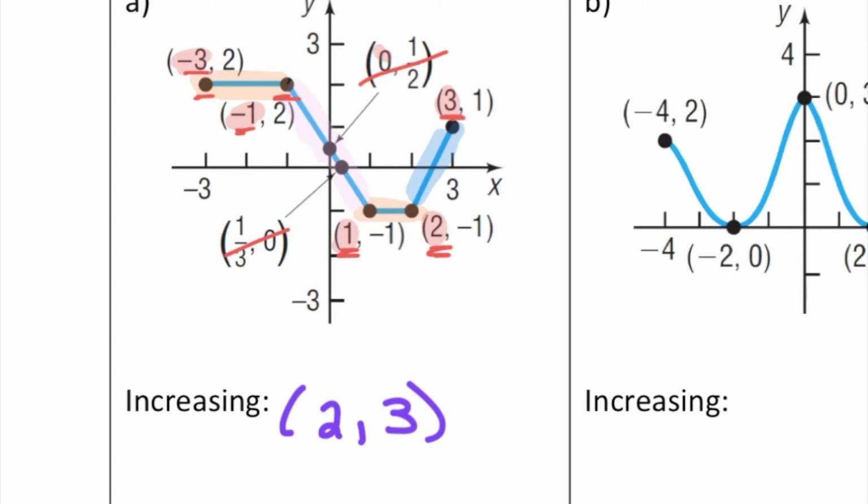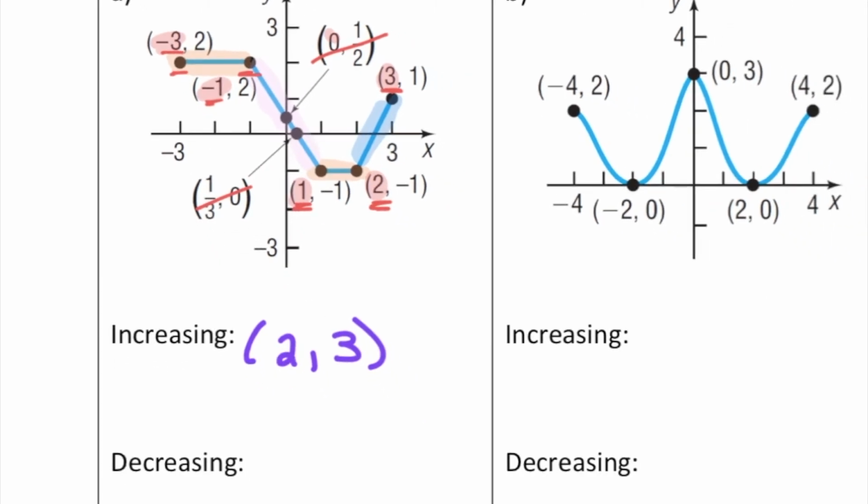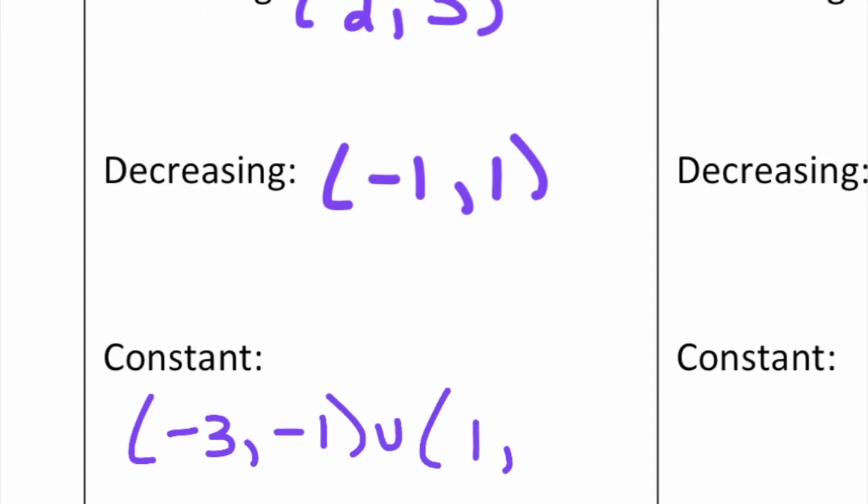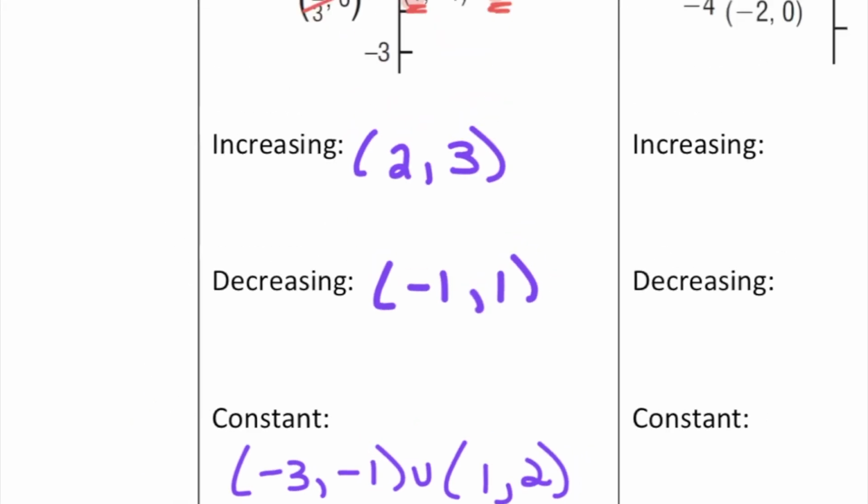Remember that you'll always use round parentheses when you're writing increasing and decreasing. Your decreasing interval is from -1 to +1. And you have two constant intervals, from -3 to -1, and you use the union symbol, from +1 to +2.